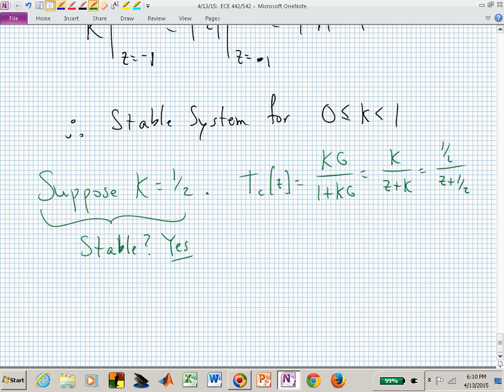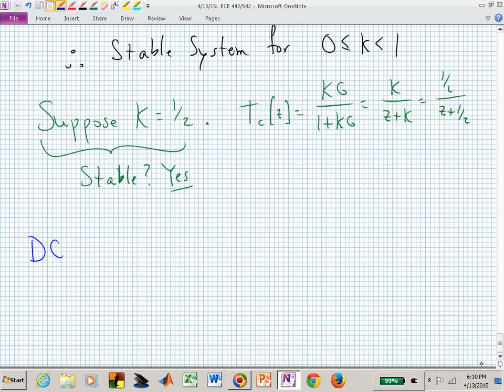What's the DC gain of that now controlled closed loop system? Or how do we find the DC gain? And I've given you part of the answer. It's related somehow to T sub c of z, your closed loop transfer function.